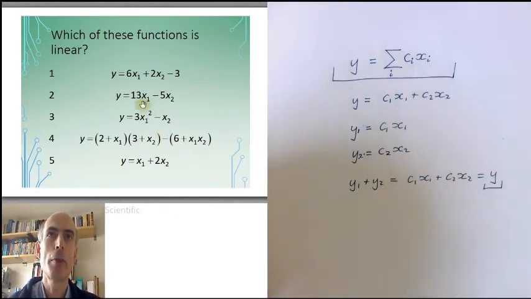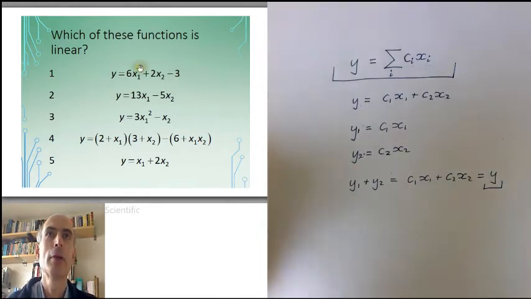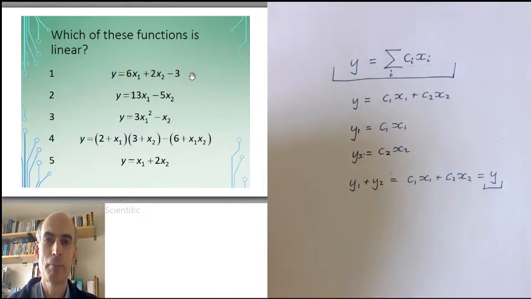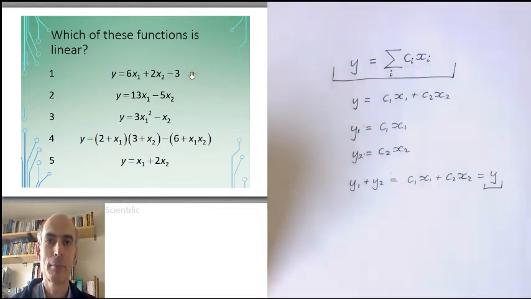So the first one there, it's not linear because we have this term here, 3. You cannot write 3 in terms of a constant times one of the inputs. So this is not linear. We cannot use superposition with this.